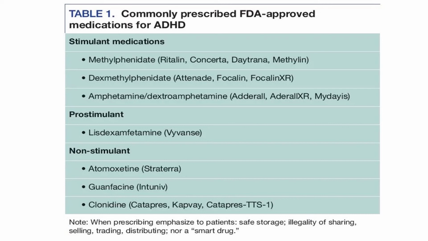So they need their height checked, they need their weight checked while on these medications. These medications are typically not taken in the late afternoon or the evening because of their effects with insomnia. So usually these medications would be taken more in the morning.